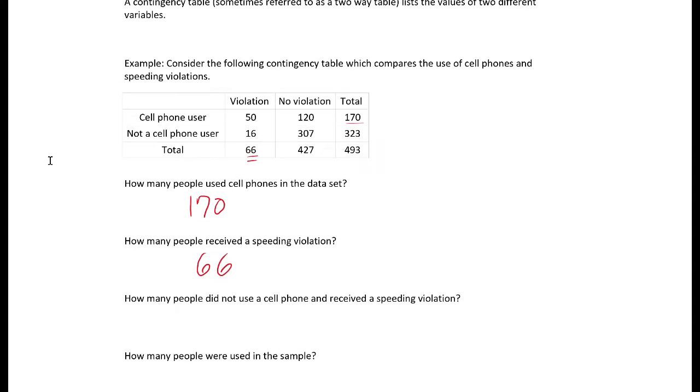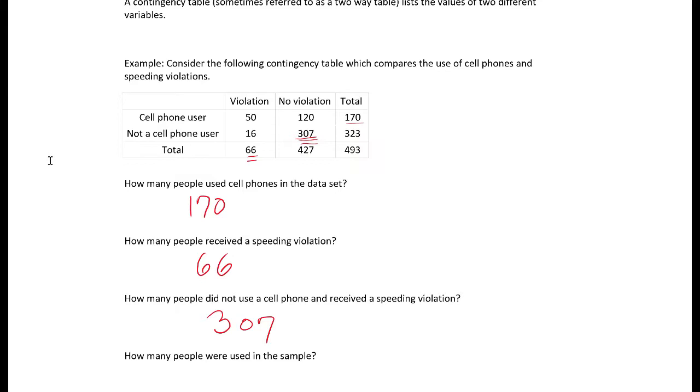I just want to make sure people are able to go through and read this contingency table. How many people did not use a cell phone and got a speeding violation? We go to the no cell phone row and then the speeding violation column, and there we go, 307.